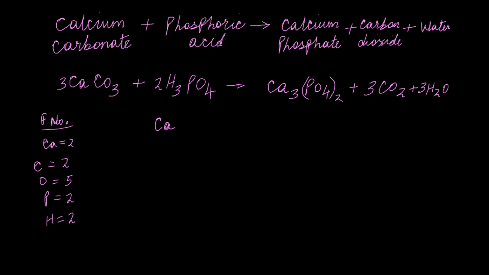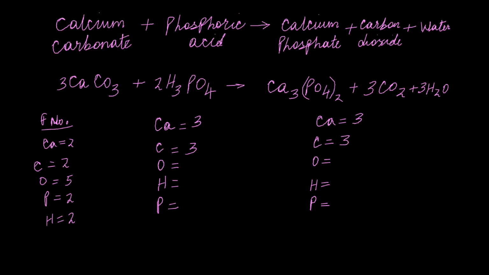So now let's just check the balance sheet. Calcium, carbon, oxygen, hydrogen, phosphorus. Okay? Right hand side, left hand side. Now calcium 3 on each side, carbon also 3 on each side, oxygen 17, 9 plus 8, 17.